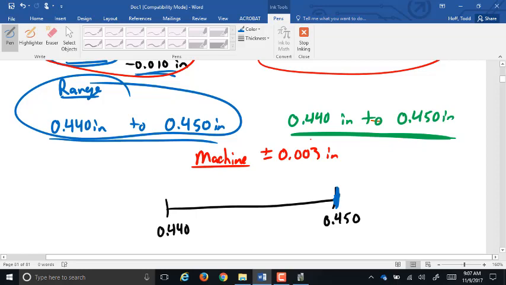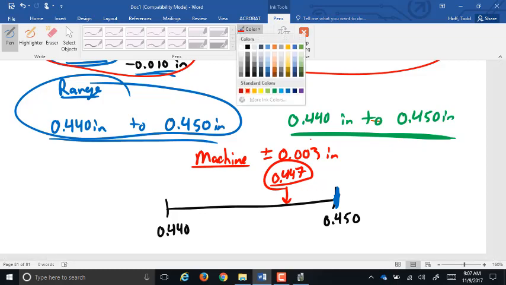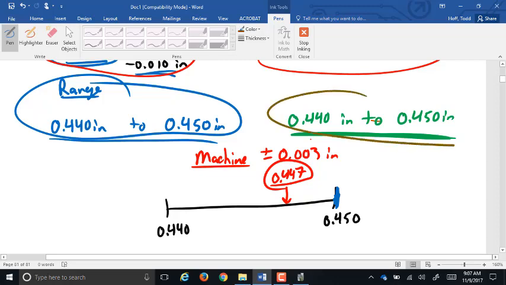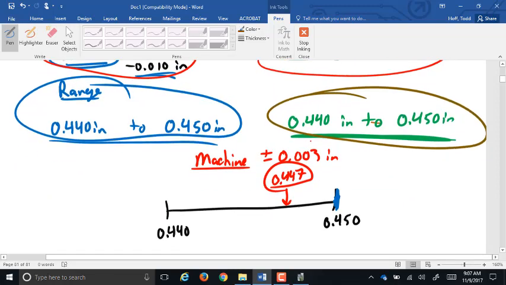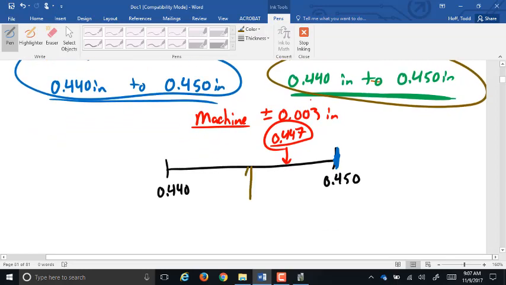That's our target. But we can be smaller but not larger. So with it being within 3 thousandths of an inch, we're going to shoot right here at 0.447 because we want to be closer to that top end. If it were listed like this one, where it was 0.445 plus or minus, well, then we would shoot right at the middle and let them fall where they may around it.